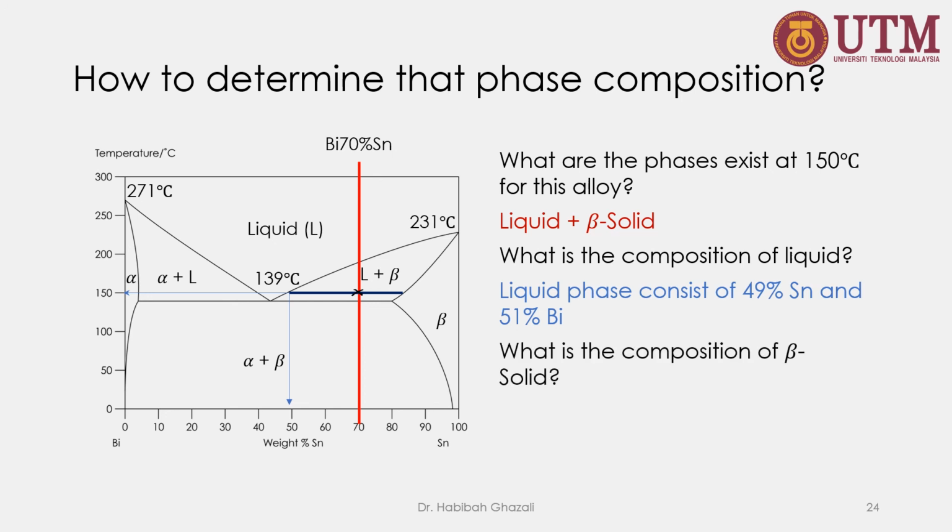And what is the composition of the beta solid solution? At that point, I can draw this vertical line passing through the composition line, and I can conclude that the beta solid solution consists of 83% tin and 17% bismuth at that particular point.